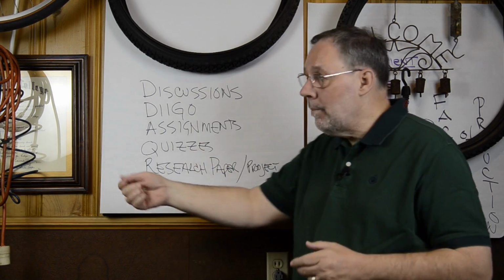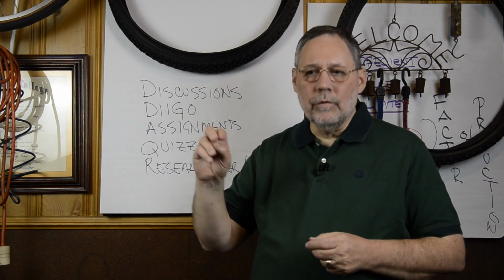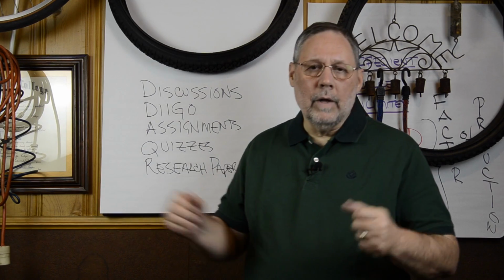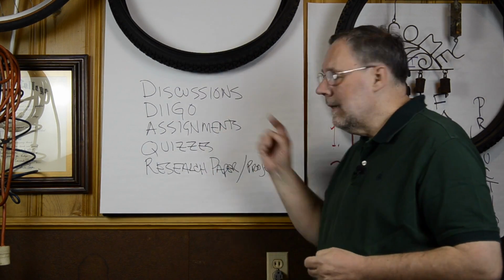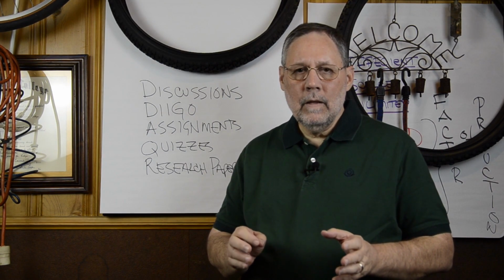So they'll need to report, student A made 4 postings, student B made 5 postings, student C, and so on. The reason I want to do this is because under assignments, when we get down to assignments, you'll understand.